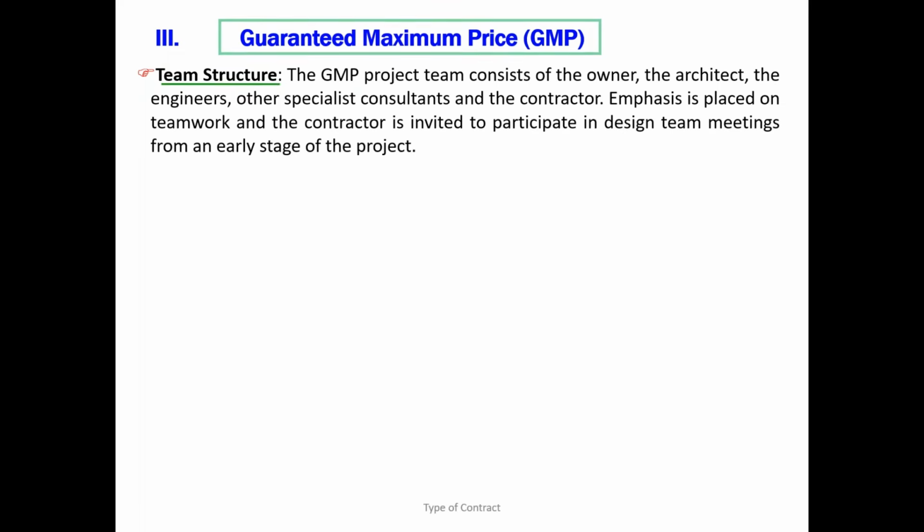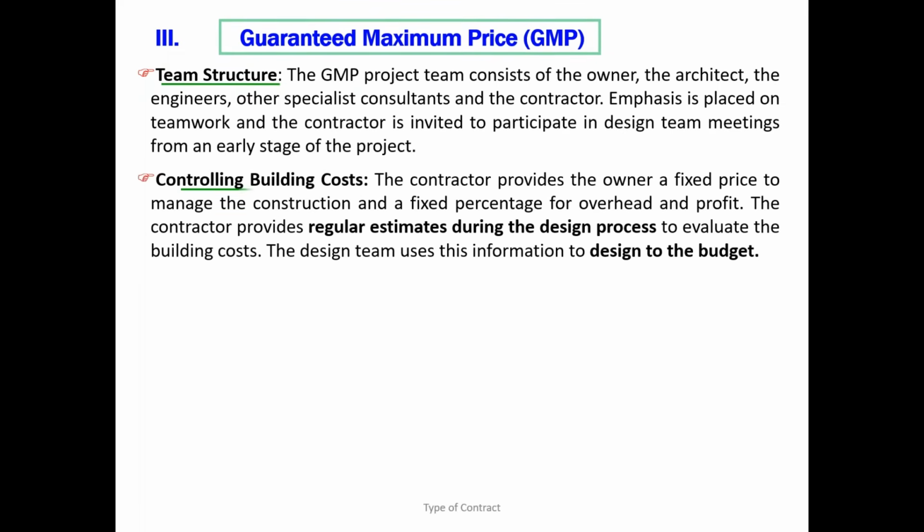So the structure in the GMP is like, say for example, you have a GMP of 100 million. The contractor's all costs, including the prime cost and the fixed fees, come to 80 million. How much will you get? 100 million is the GMP, but the contractor's all cost comes to 80 million.